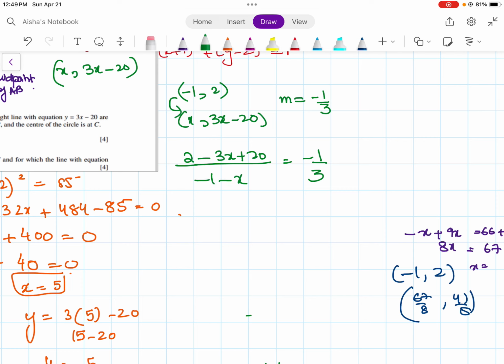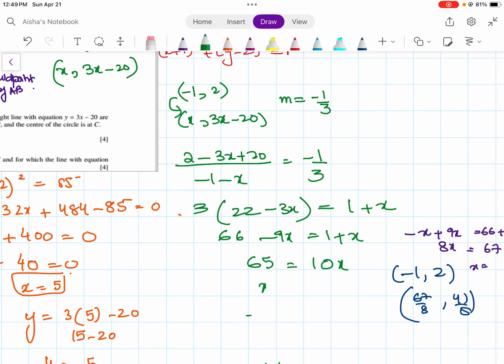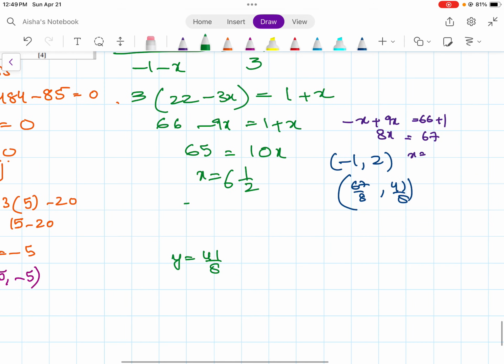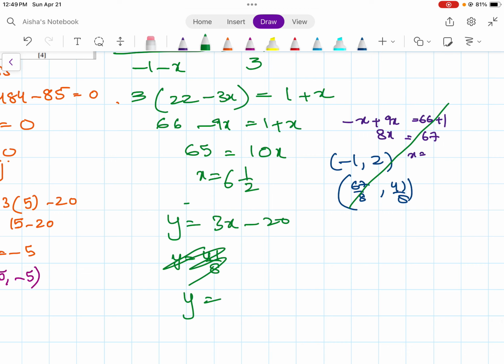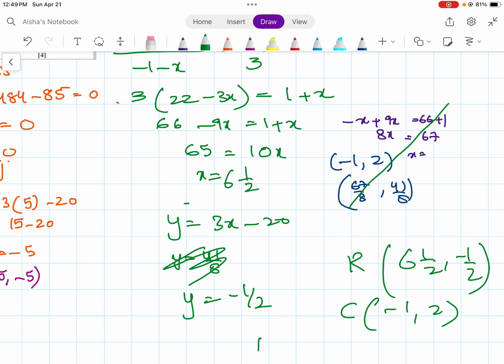Minus 1 minus x. Now y is equals to 3x minus 20. Y is equals to 3 into 6.5 minus 20 gives you minus half. So this is our point. Our point is this. C point is minus 1 comma 2. Find out the distance RC.